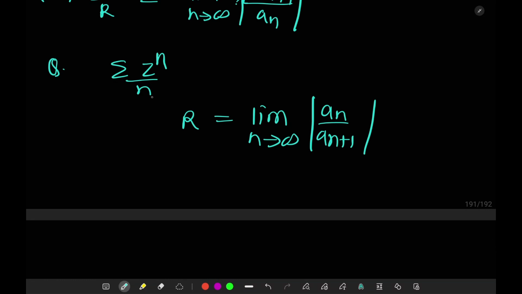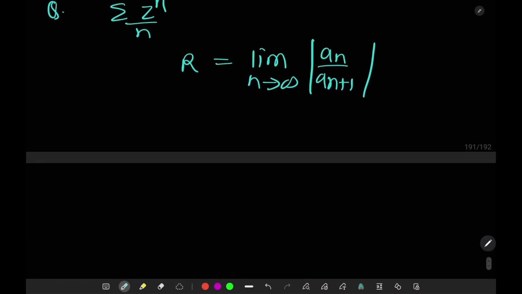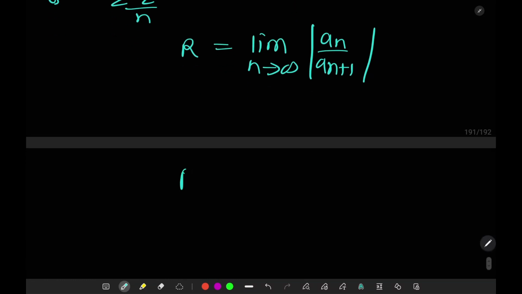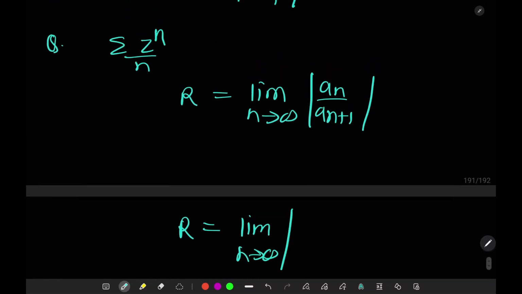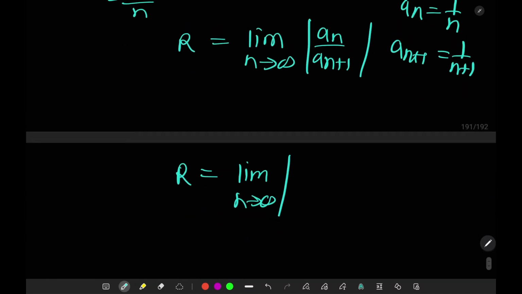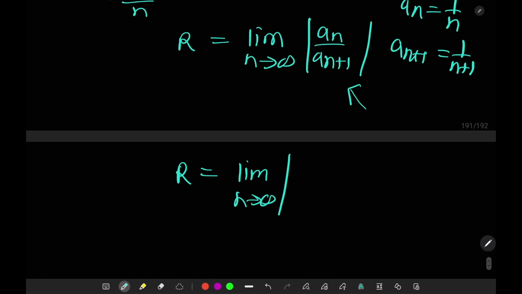We put the value of n and n+1 in the given condition. Here a_n = 1/n and a_(n+1) = 1/(n+1). Now put these values in this formula, and we get this value.